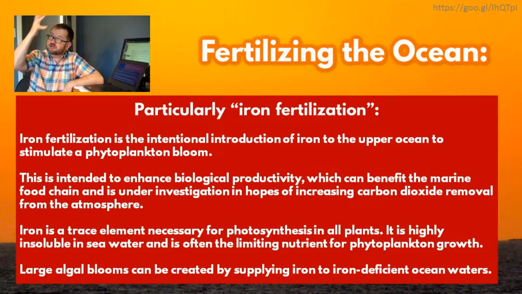And suddenly you've transferred carbon from the atmosphere into the surface layers of the ocean, and then ultimately down into the deep ocean. This is a way of removing carbon dioxide from the atmosphere and effectively disposing of it in the deep ocean, which is another reservoir of carbon in the carbon cycle. The carbon stored down there has a residence time on the order of hundreds of thousands of years.